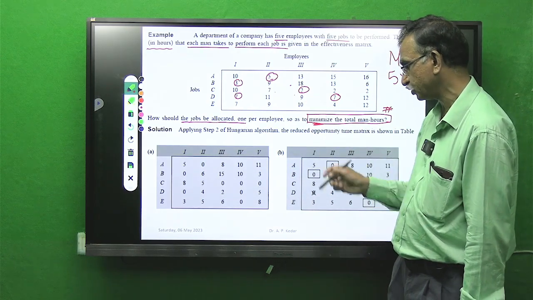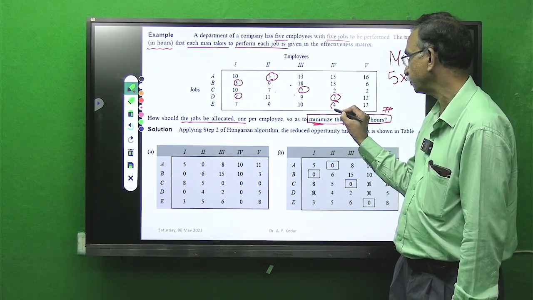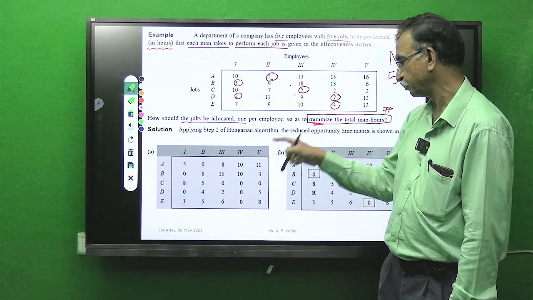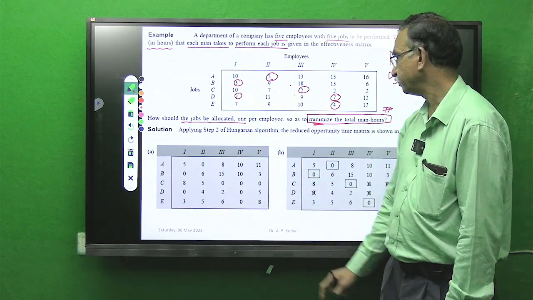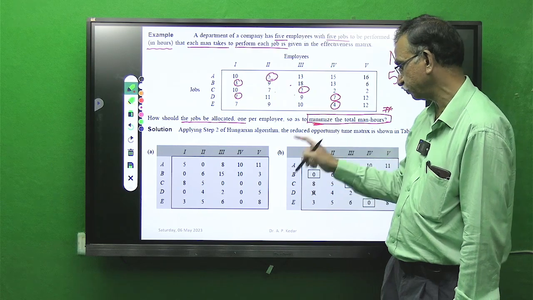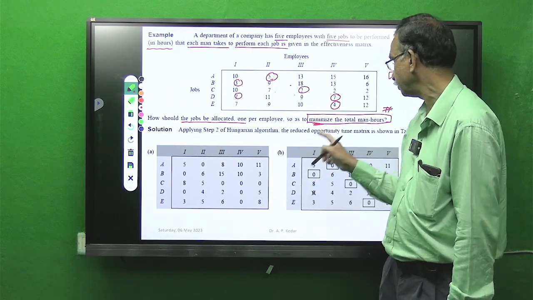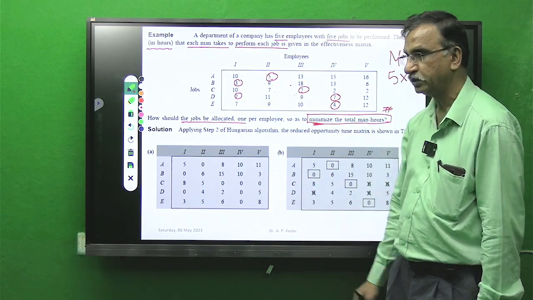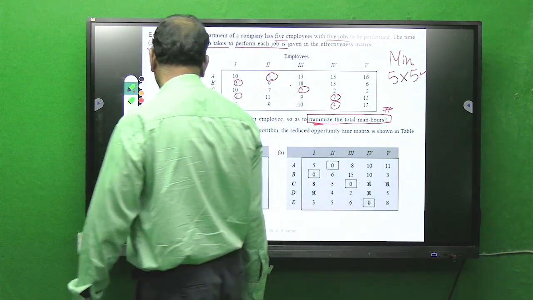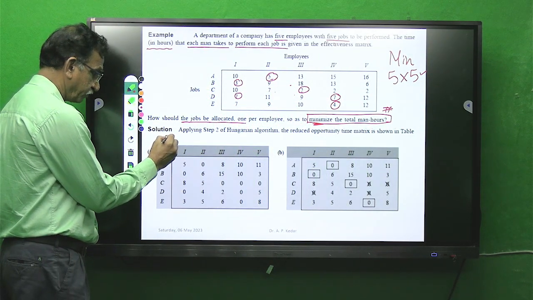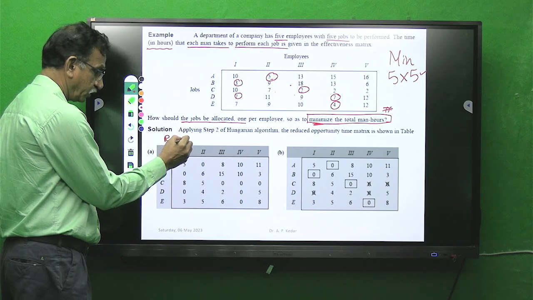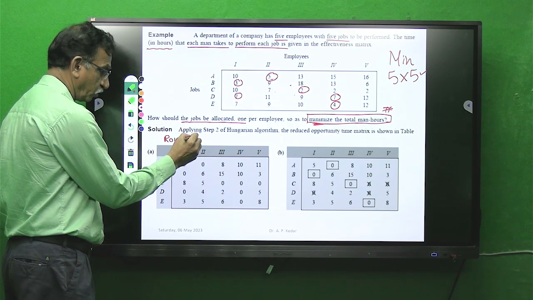And for the last row the minimum is 4. So 7 minus 4 is 3, 9 minus 4 is 5, 10 minus 4 is 6, 4 minus 4 is 0, 12 minus 4 is 8. So this particular matrix is the result of the step called row operation.